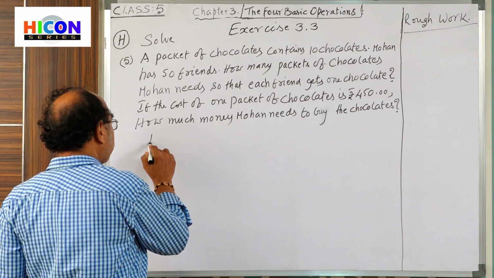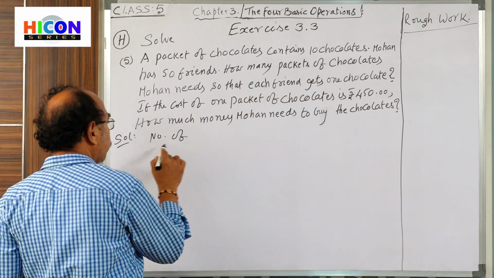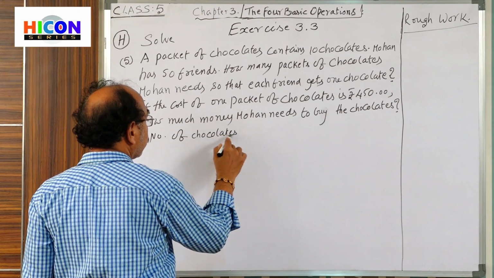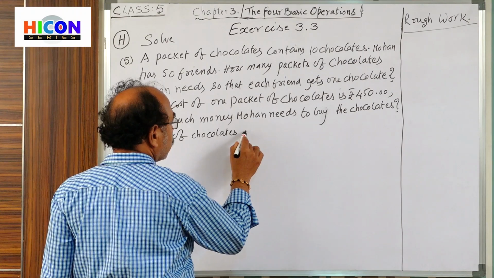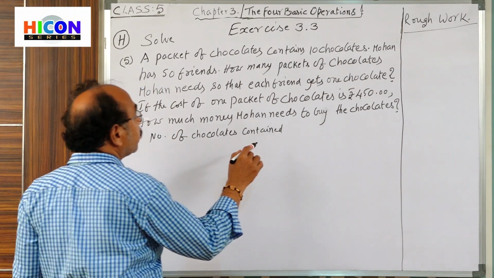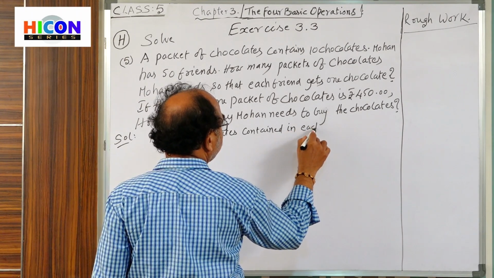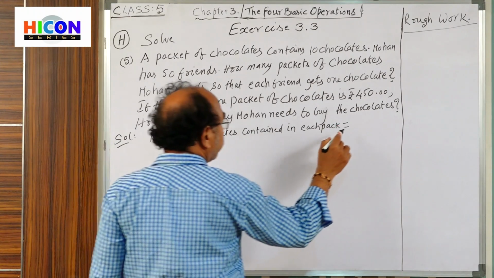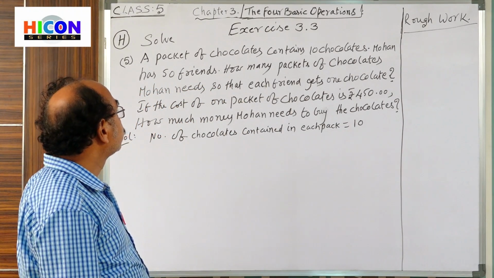Solution: number of chocolates contained in each packet. In each pack, how many? 10 chocolates are there in each packet. That is the first step.